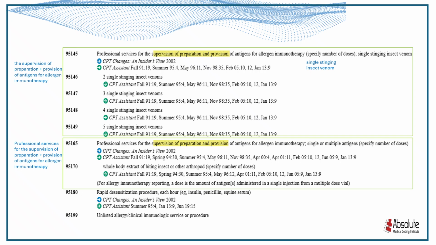Examples are insulin, penicillin, and equine serum. Finally, 95199, which can be used for unlisted allergy or clinical immunological service or procedures. So these are the codes which fall under immunotherapy services.